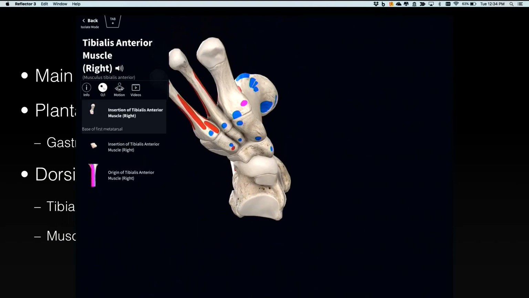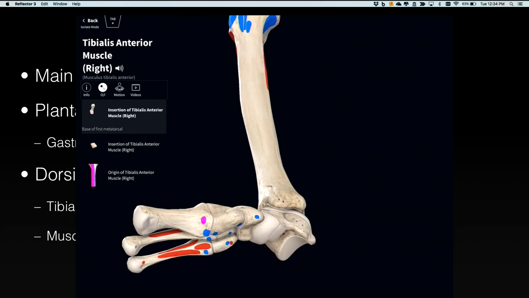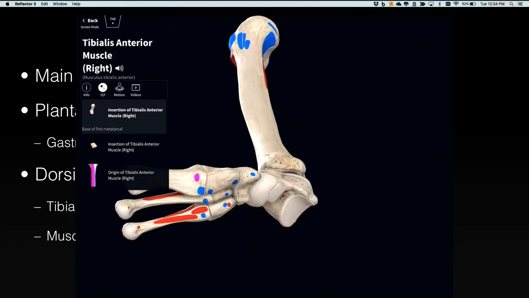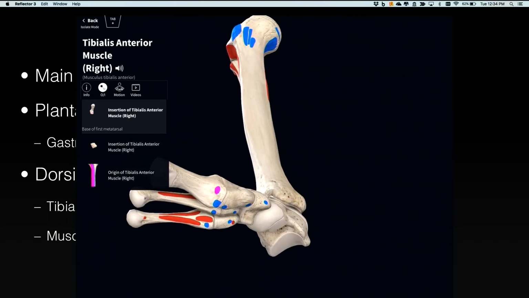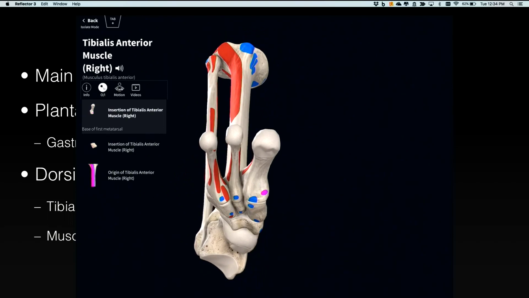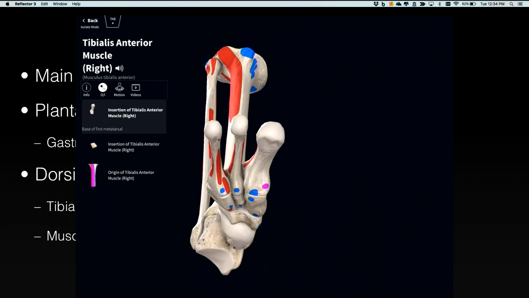And let's just say that it inserts at the base of the first metatarsal. We're not looking at the tarsals specifically. You don't have to remember all of the tarsals, but you know that there are 7. There are 5 metatarsals. And we're going to say that it inserts on the base of the first metatarsal in this 3-toed example.